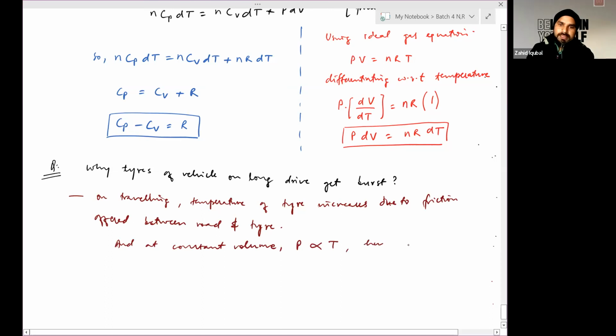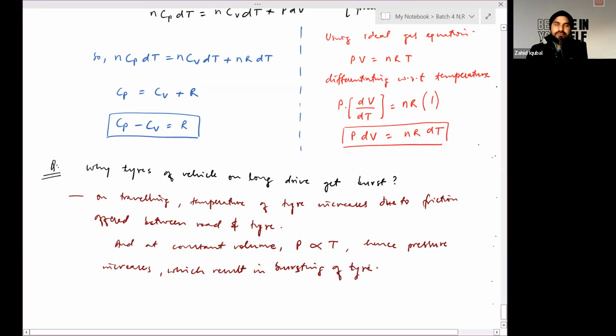Hence, pressure increases, which results in bursting of tire. So to overcome this heating, for long drives, we often use nitrogen gas. Okay.